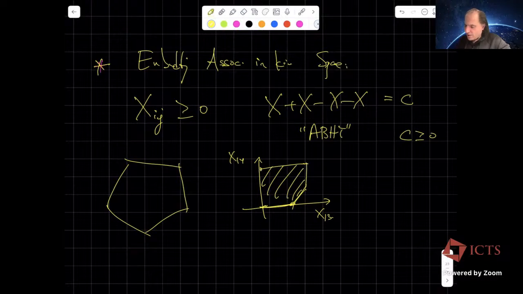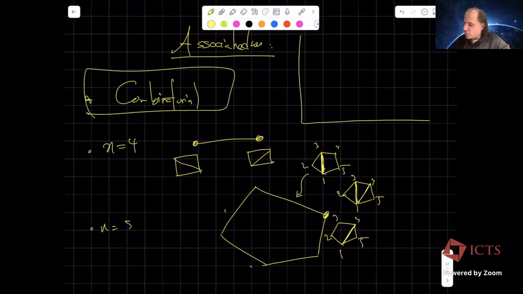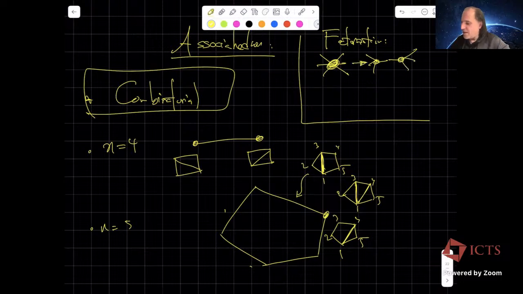Now, one of the features I should have also stressed already in the combinatorial associahedron is that crucial physics like factorization of the amplitudes, which Alok, I'm sure, discussed, is reflected in it. When I sit on a pole and an amplitude factorizes like this, that reflects some of the most basic physics of both locality and unitarity.